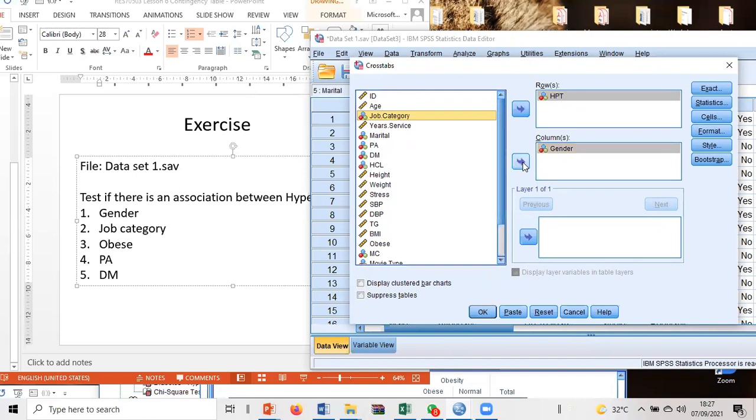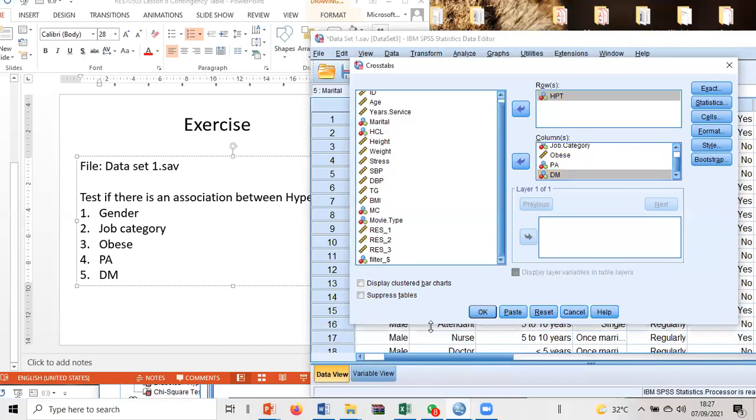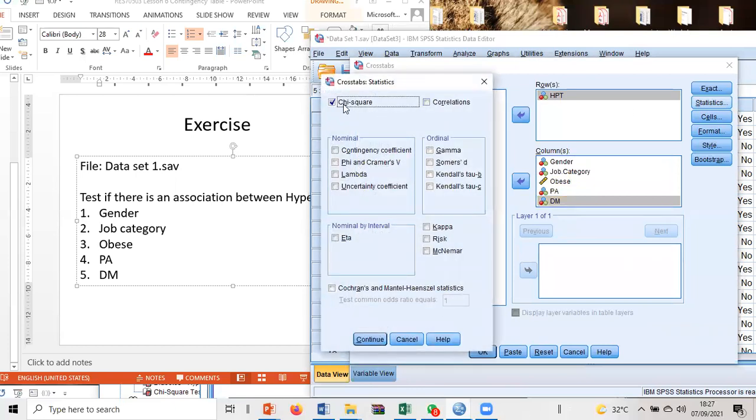Job category, obesity, physical activity, now I have only 2 levels, I recoded just now. Physical activity and diabetes. So all these can be analyzed in just one go. T-test and ANOVA, we do one at a time. Still univariate, right?